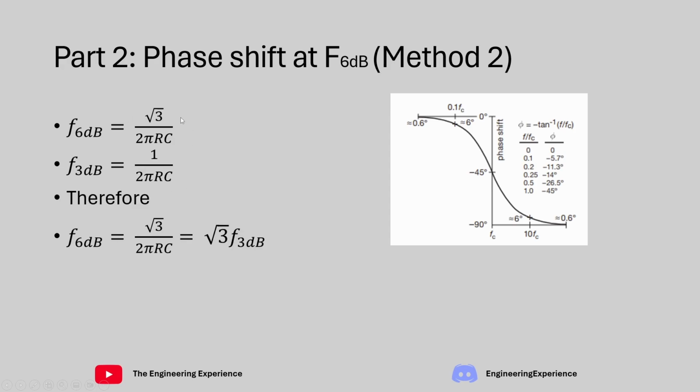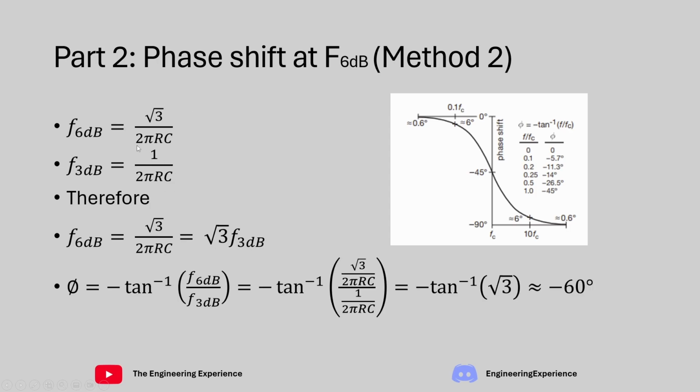So if we try to combine these two together, or look at it as one thing, the 6 dB point is basically equal to the square root of 3 multiplied by the 3 dB point. So we can rewrite this equation as the square root of 3 multiplied by this equation over here.